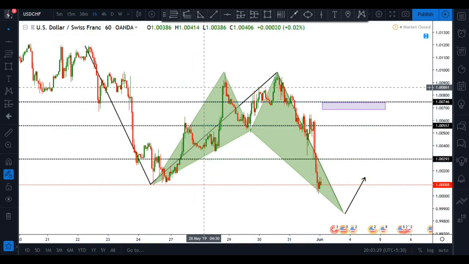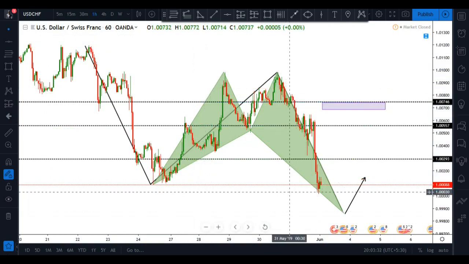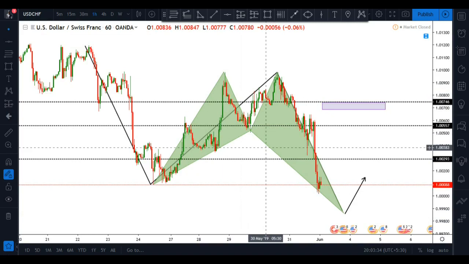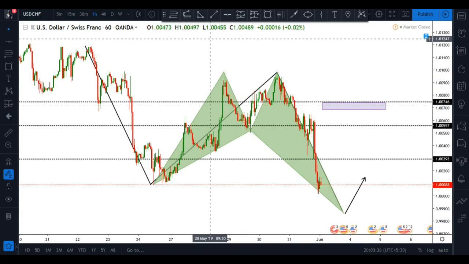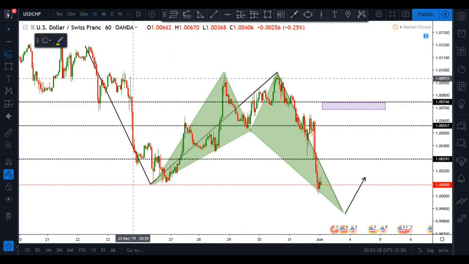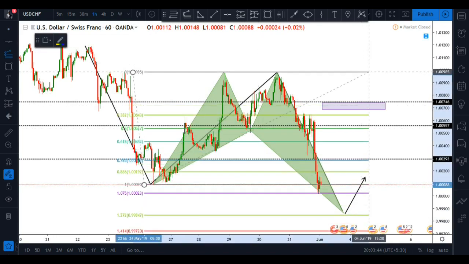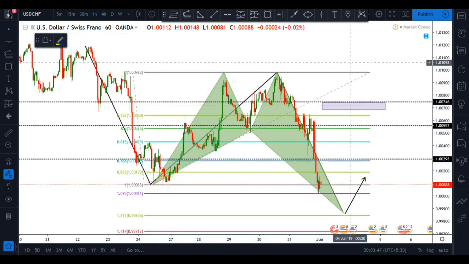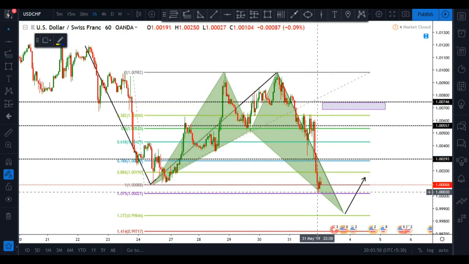All right, and that is one probability that is most probable. But if I draw a Fibonacci extension tool again from the butterfly pattern's X to A leg, as you can see, we are in this 1.075 Fibonacci extension level.